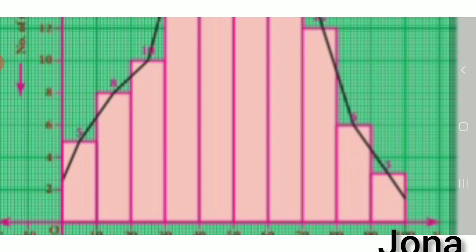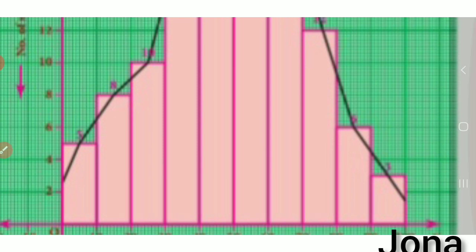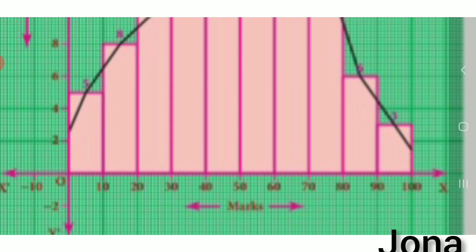So I can take this point down to the x-axis and join it on the x-axis. Wherever you join, you can keep the scale and join like this.